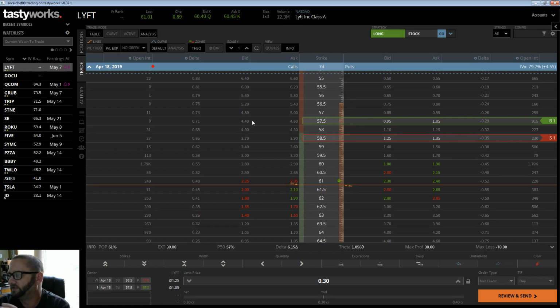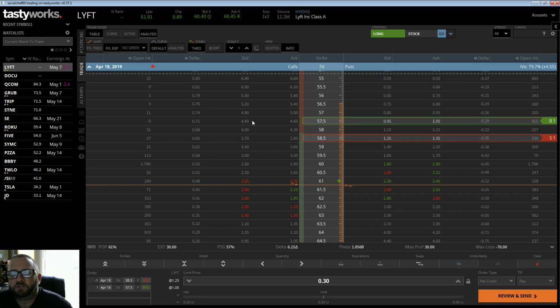If I collected this, just for the instance here, that's $30. If you did one contract and sold it at 50%, that's only $15. If your commissions are $5 in plus $1 for the contracts, you're looking at $12, so you'd only make $3 on that trade. You've got to take that into consideration to make it profitable. That's another reason why 50% is good, especially for people outside of Tastyworks.